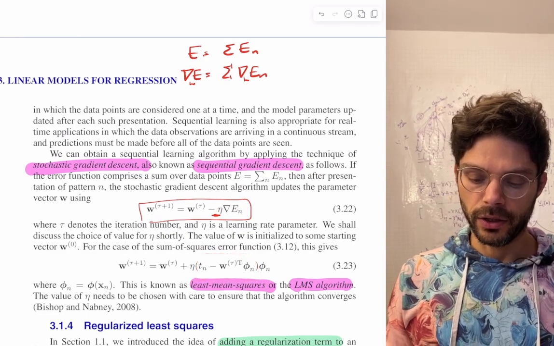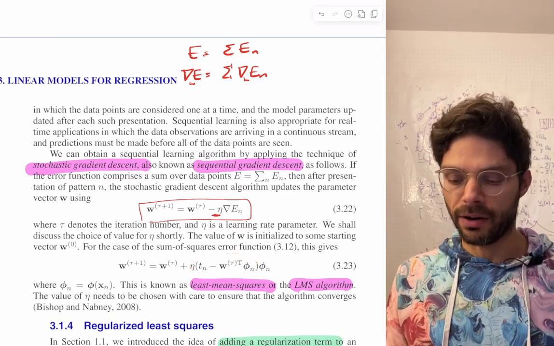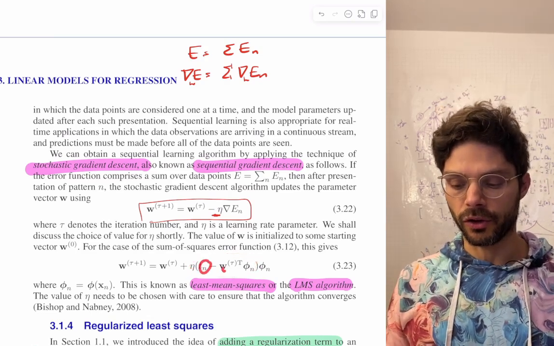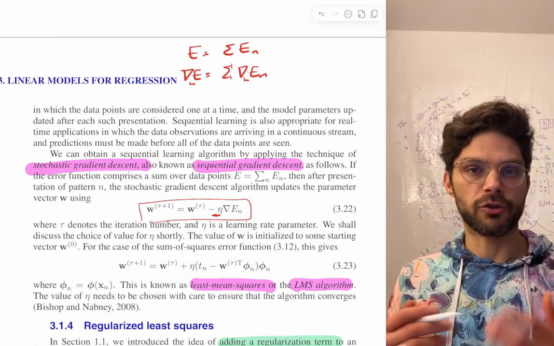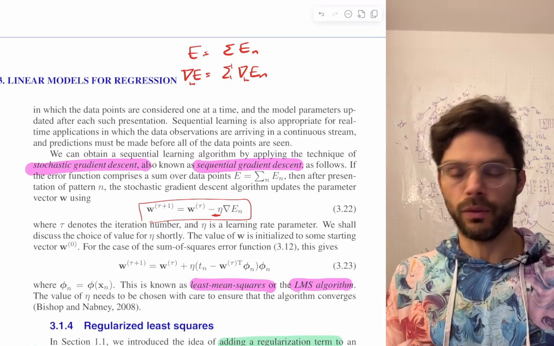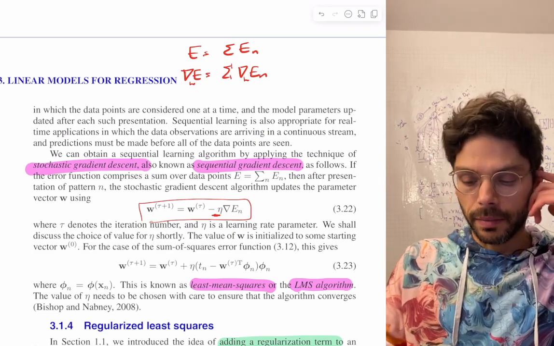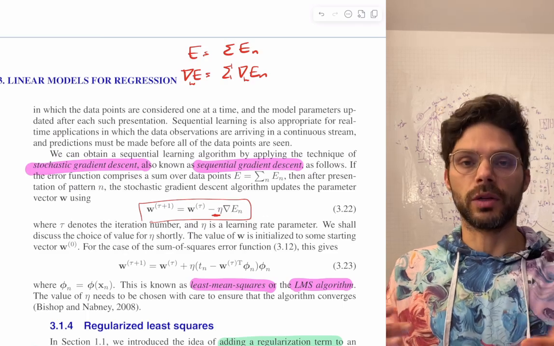You've got your current weights, some kind of step size, and the error on the current data point given the weights that you have. So it's a very natural idea that you would probably come up with yourself. You just decompose your error into the contributions from each data point, and then you add up those contributions to the weights individually rather than all at once.